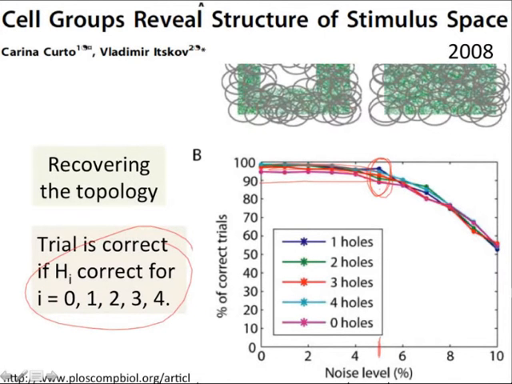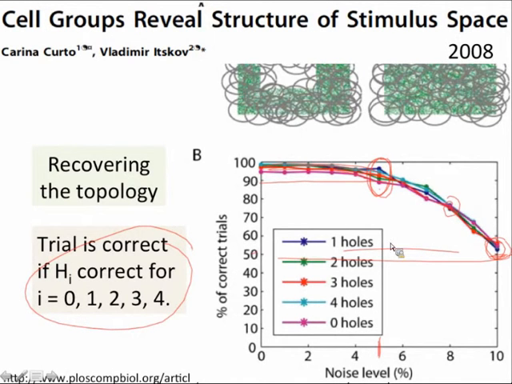Even if you go up to 10% noise, you still have more than 50% of the trials getting all the Hi correct for i equals 0 through 4. That's not bad with 10% or 8% noise.